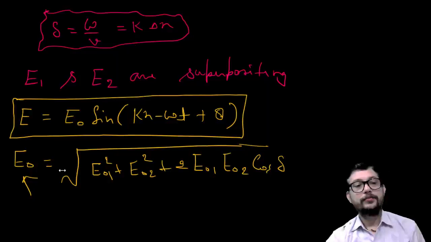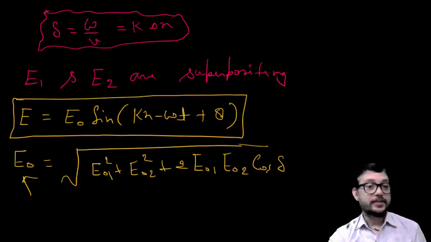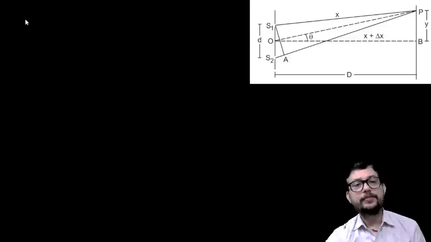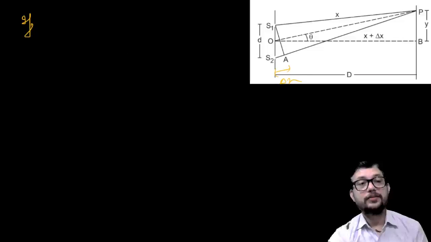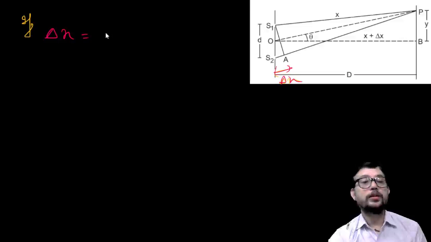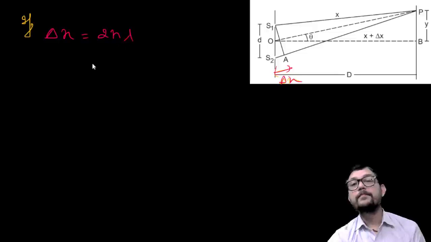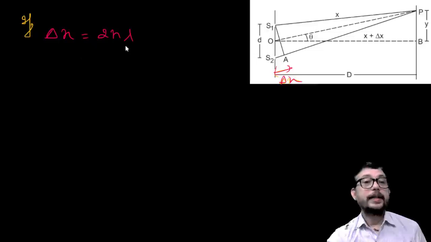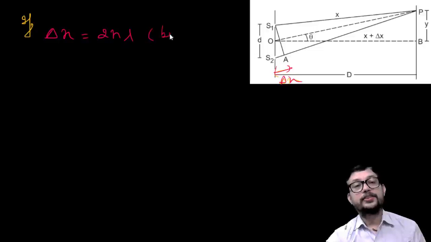Now we have to discuss the conditions of interference. If we have the path difference, taken as delta x, and if delta x equals 2n lambda, then we get the bright fringe.